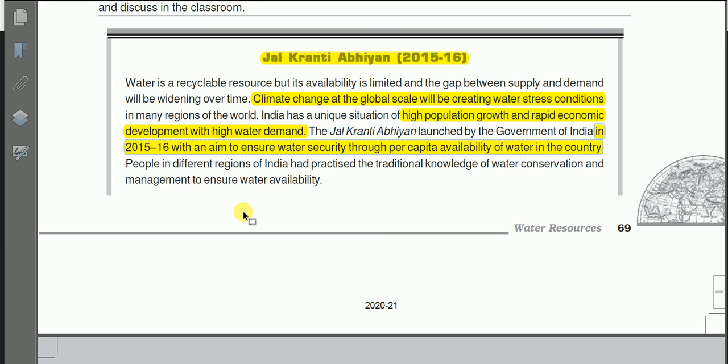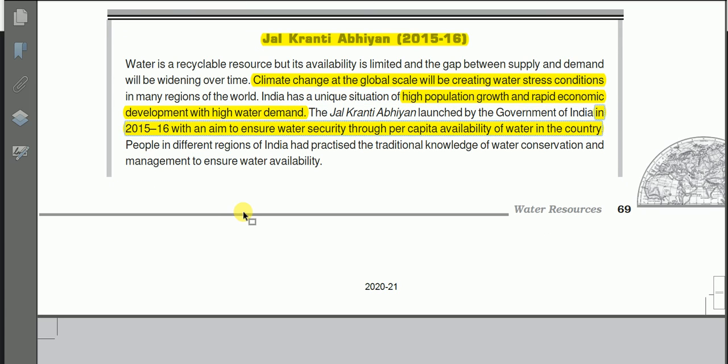So the first important aim of Jal Kranti Abhiyan is to ensure water security through the per capita availability of water. How many liters of water is a person getting in a day or in a year? Per capita availability of water should be increased, and all the human beings must be getting it.